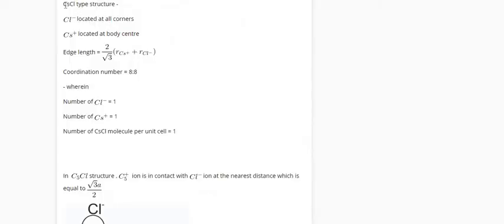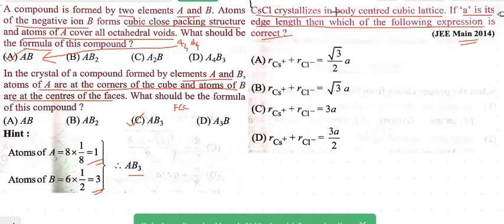Cesium chloride structure, if you carefully see, the Cl- are located at the corners and the cesium at the body center, because it is already said it is a BCC structure. Okay, so cesium will be at the center of the body, while the Cl- ions are at the corners.